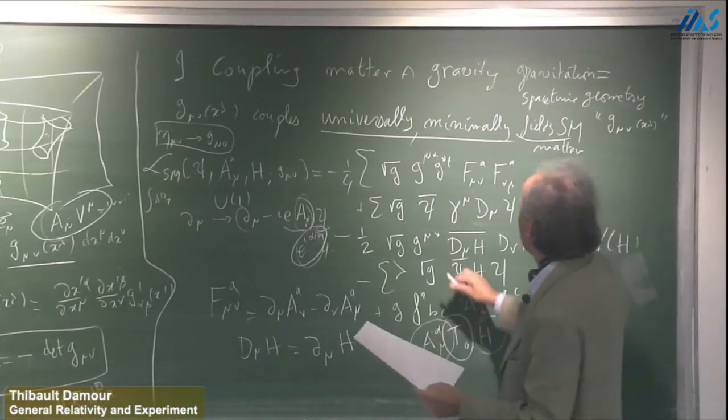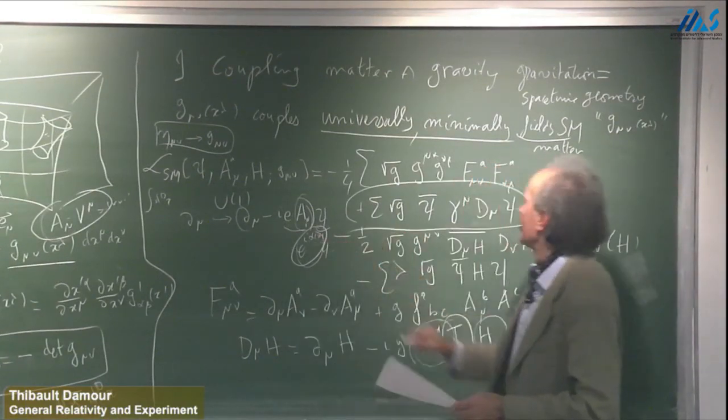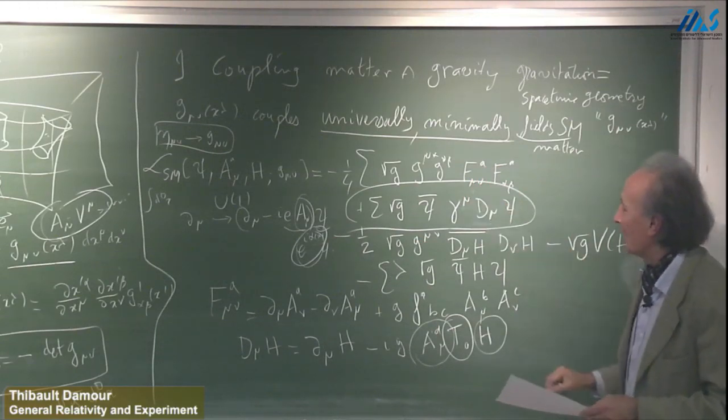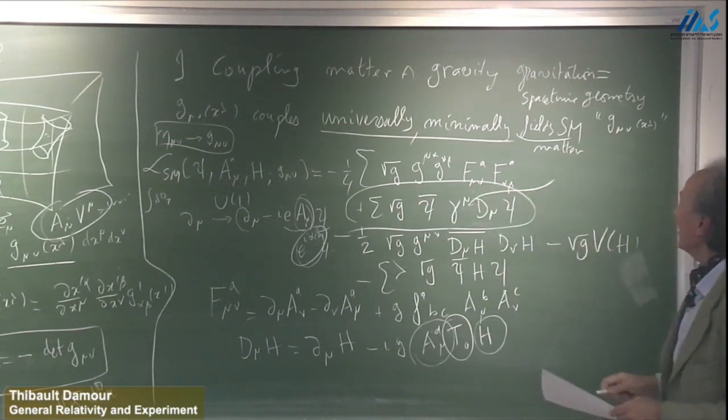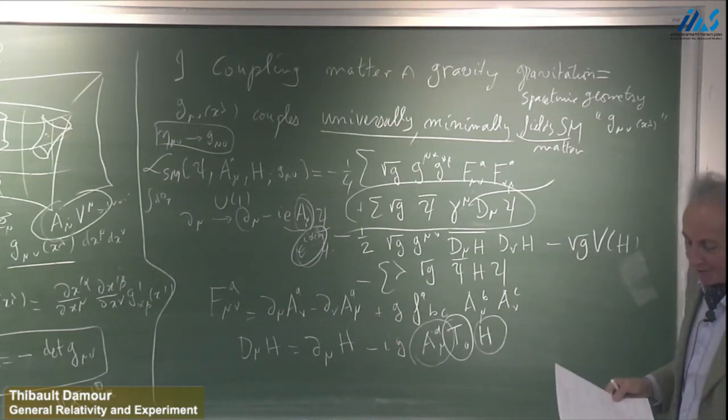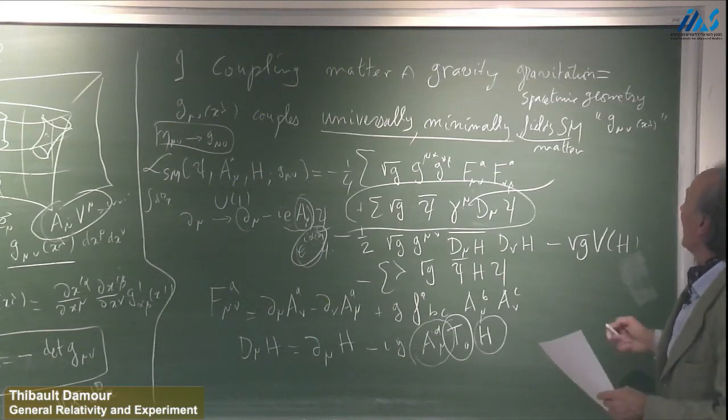But now let's discuss the spinor field, for which one needs to do something. First, there is this gamma mu. Here, we are going to discuss now the theory of spinors in curved spacetime.